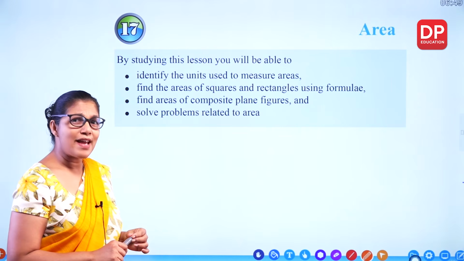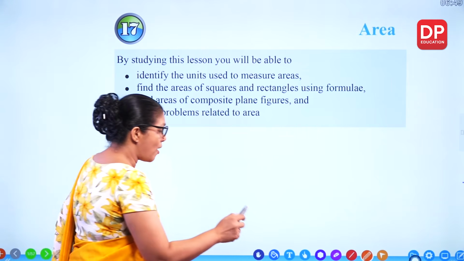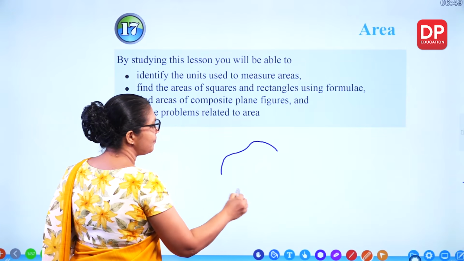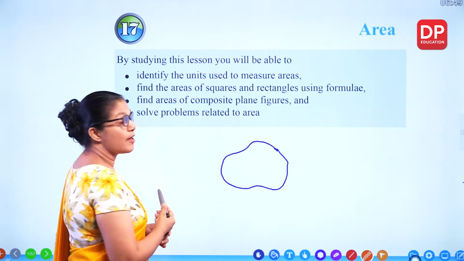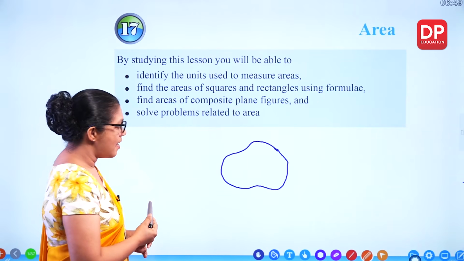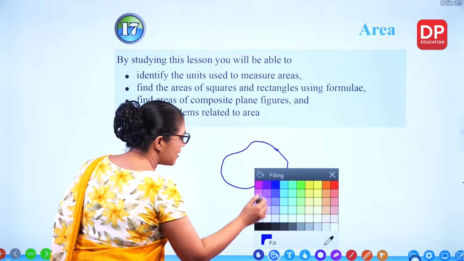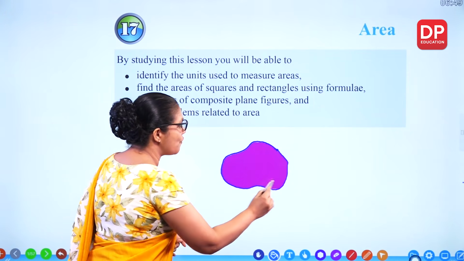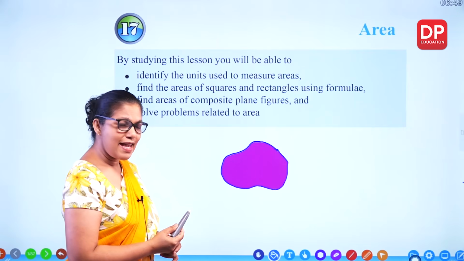So what is area? You already know about that. When you take any closed figure, the space occupied by this figure is called the area.